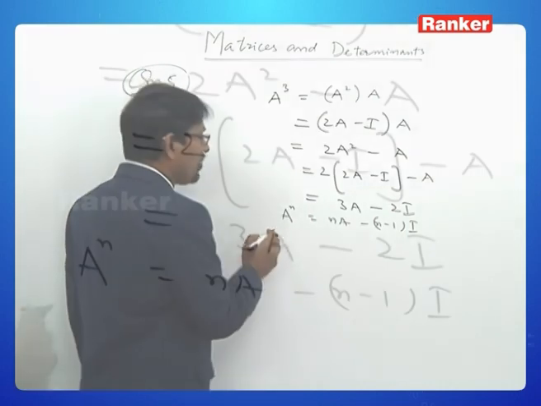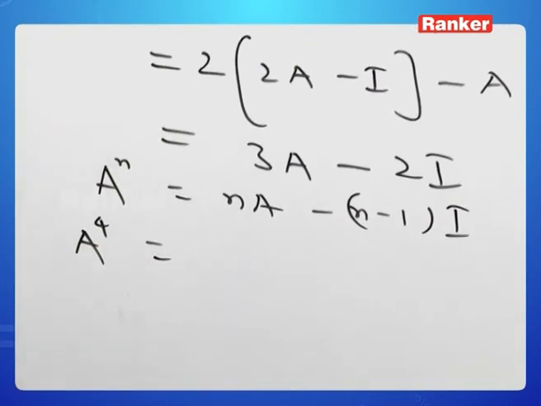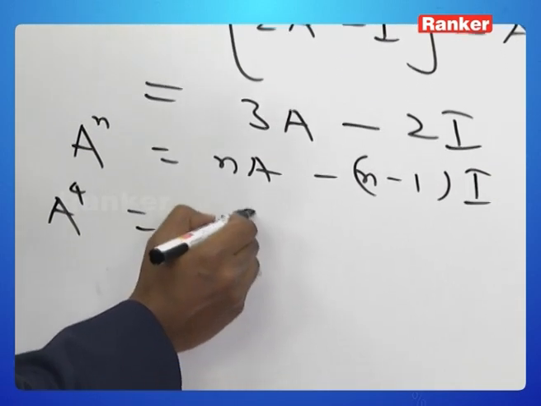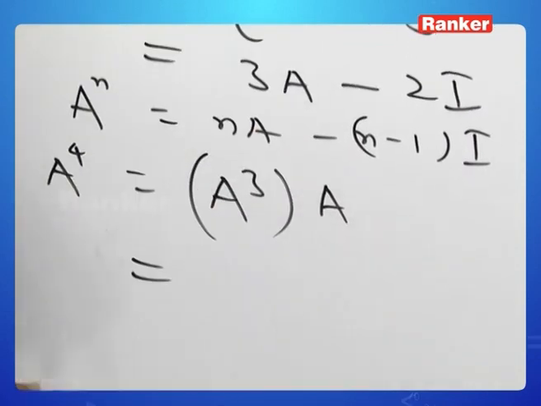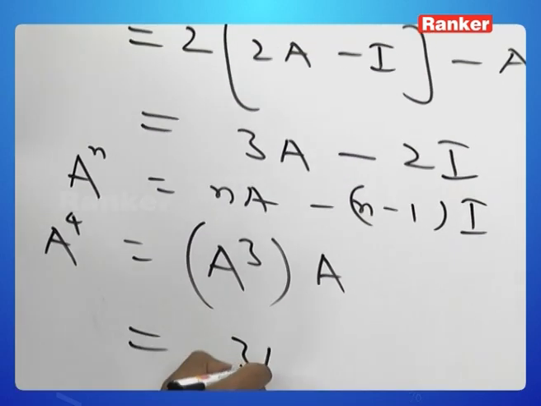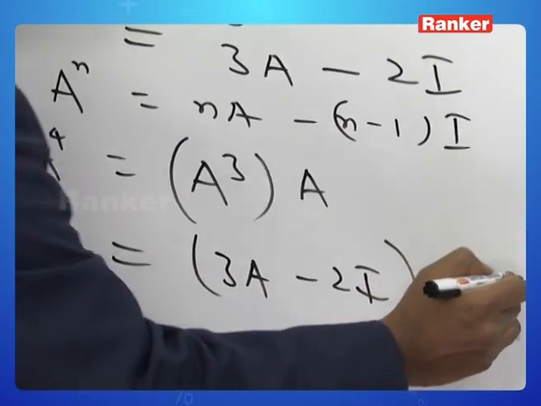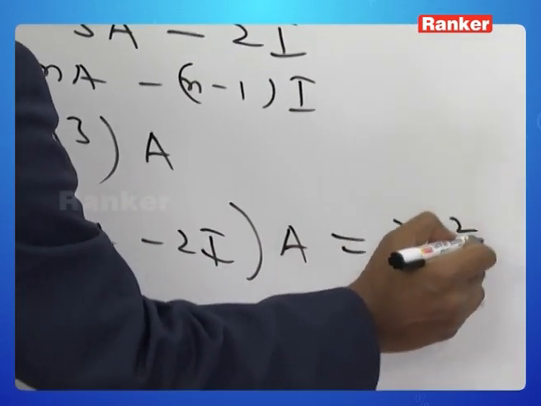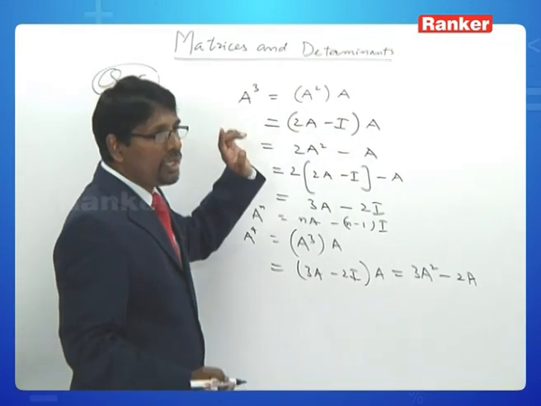And let's verify for A power 4 also. What is A power 4? A cube into A. But what is A cube? We have just now found 3A minus 2I. So (3A minus 2I) into A. But what is that? 3 into A square minus 2A. What is A square, by the way?